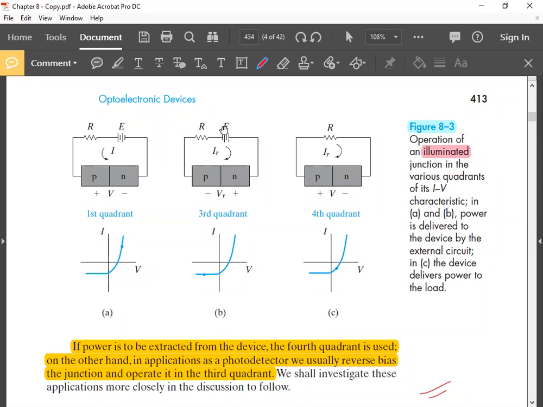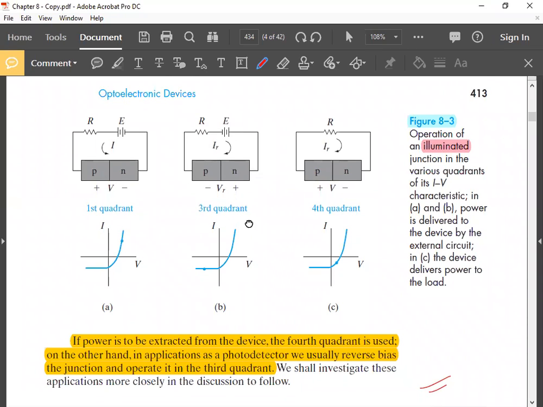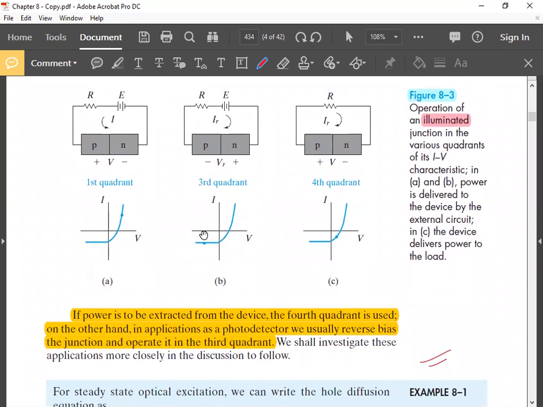energy from the external circuit, but the third quadrant operation is preferred, and this quadrant operation is actually useful when you want to use the diode as a photo detector. As you can understand, this reverse current is directly proportional to the optical generation rate, as I have already shown you above.